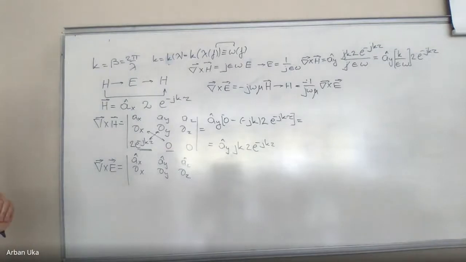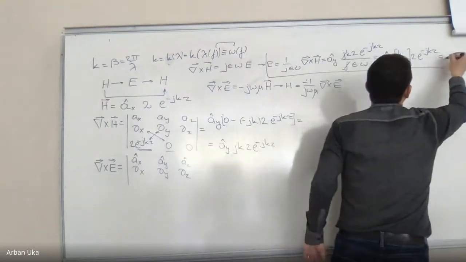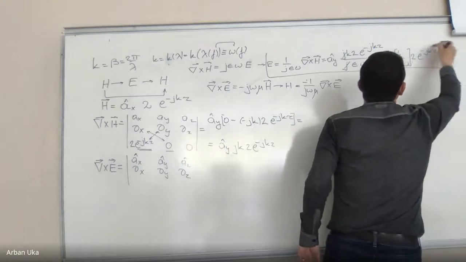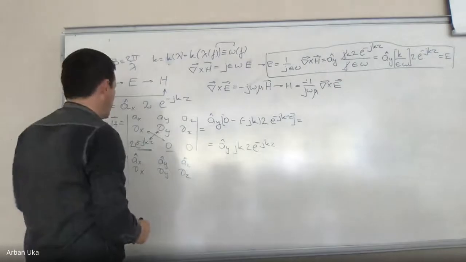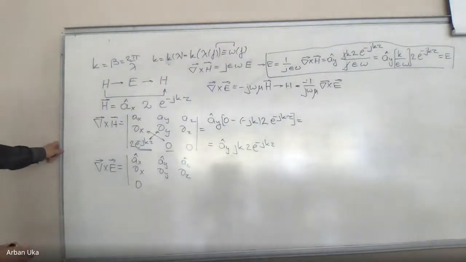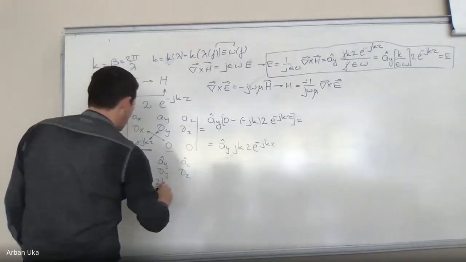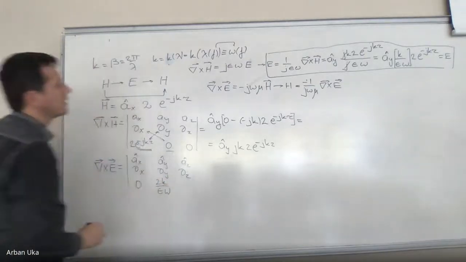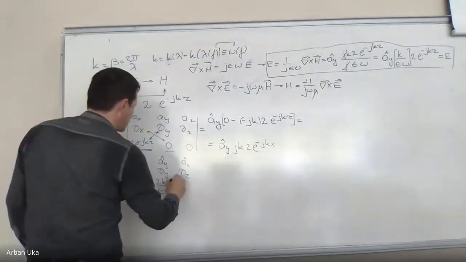Wait a second, we found e right here. This is 0. It has a non-zero component along the ay. So this is 2k over permittivity times omega, times e to the power minus jkz.